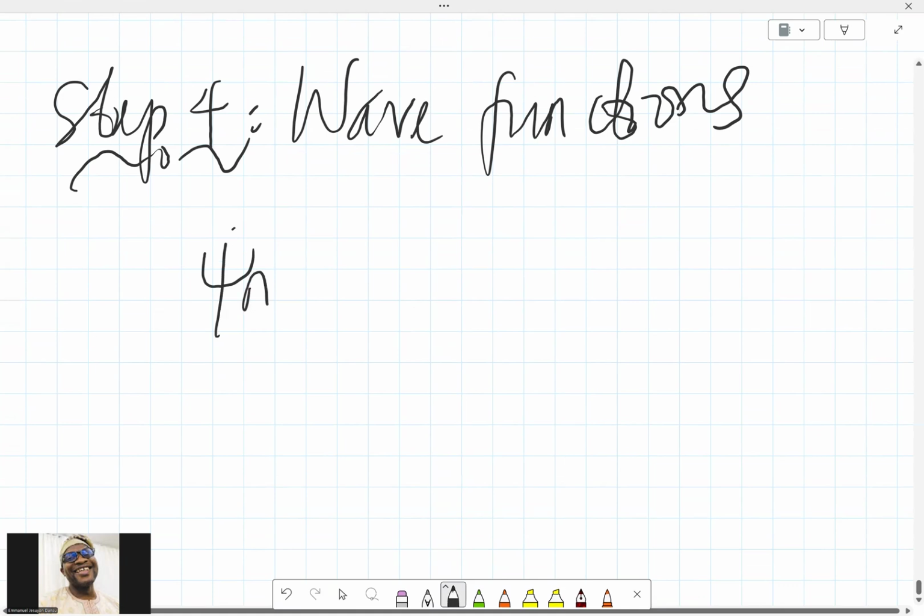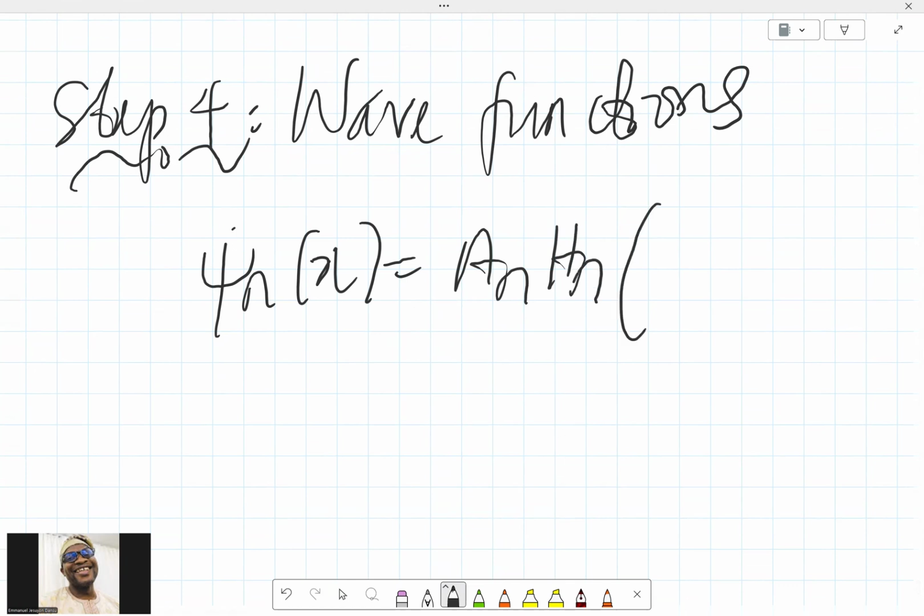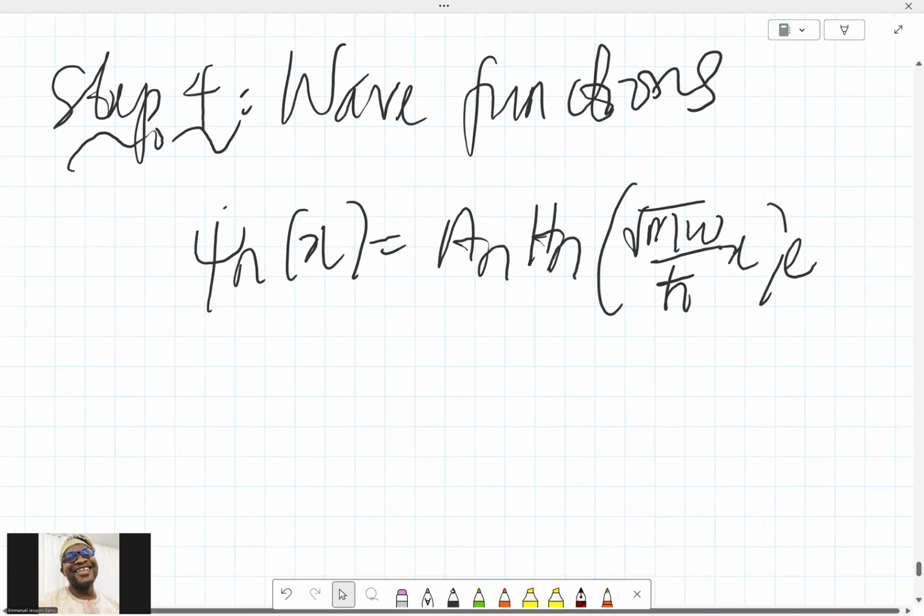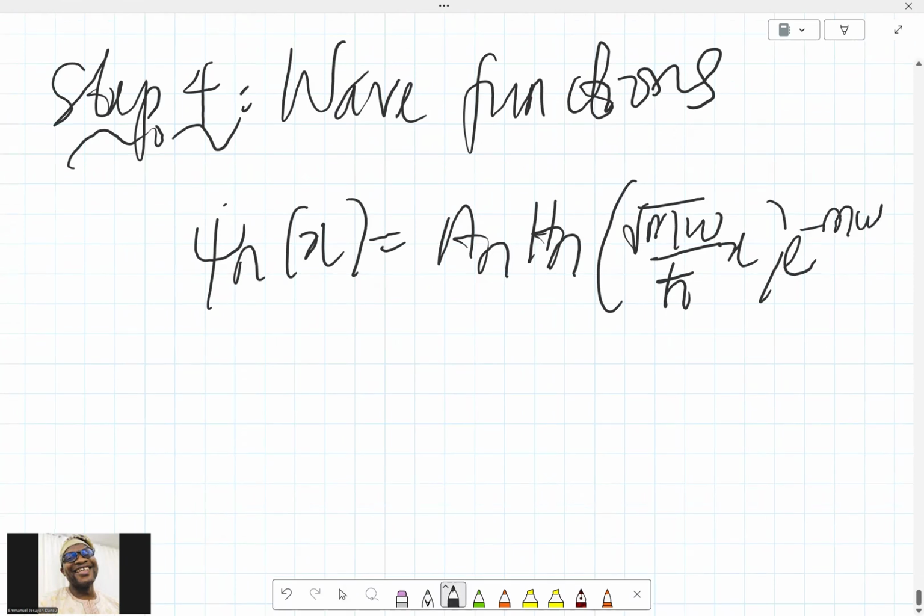We have phi n of x equals A_n H_n times the square root of m omega over h bar x, times e raised to power minus m omega x squared over 2 h bar.